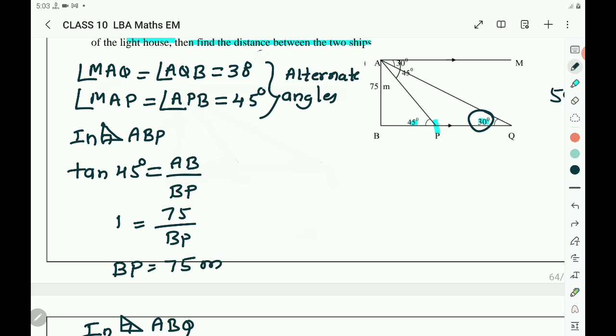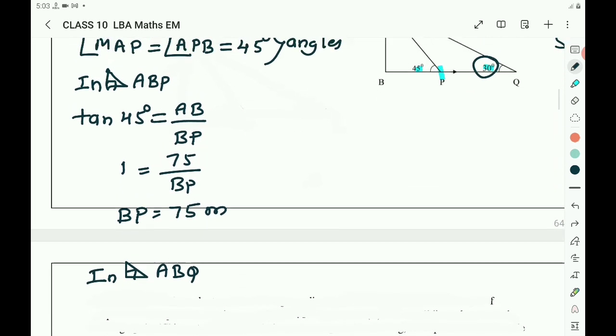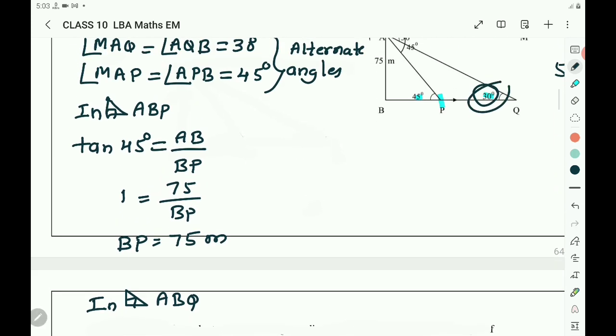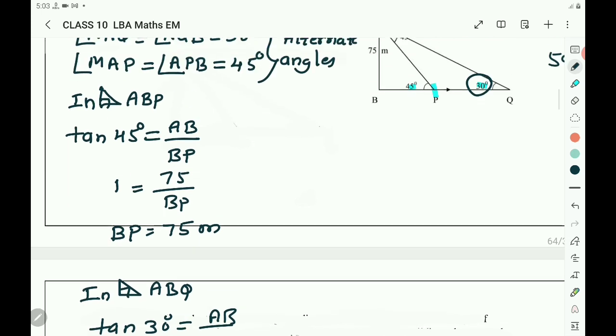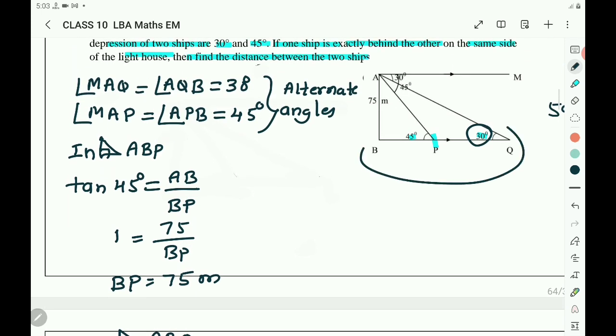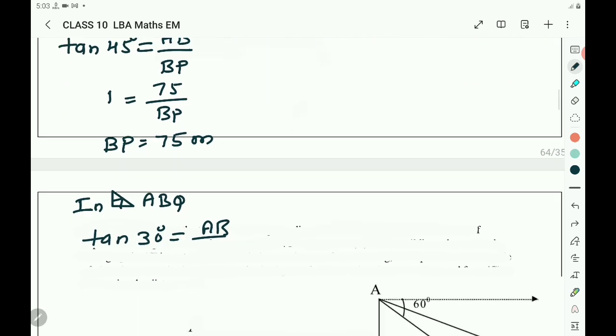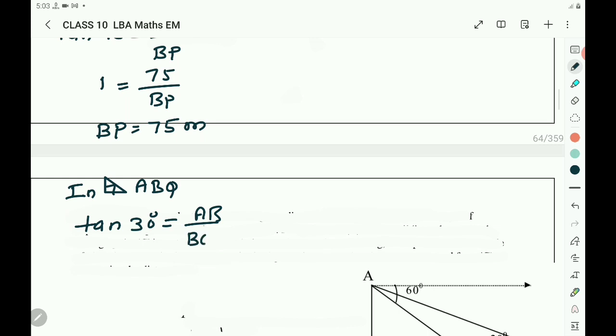Again use the trigonometric ratio with opposite side by adjacent side. So you write tan 30 is equals to opposite side AB by adjacent side BQ. Tan 30 is 1 by root 3. AB is 75.